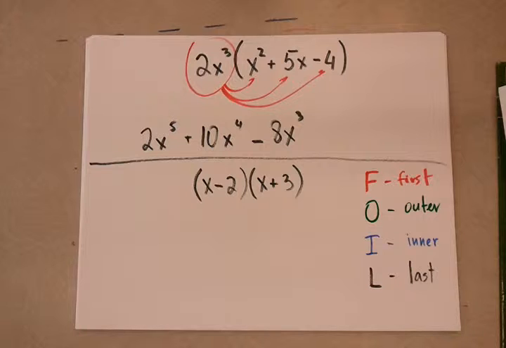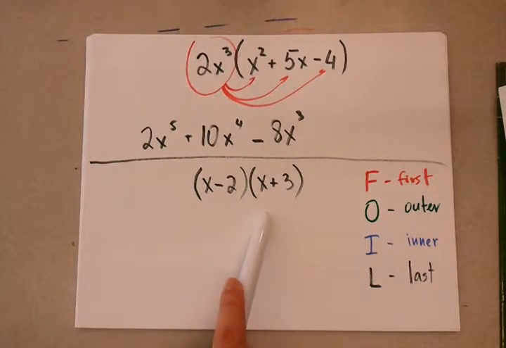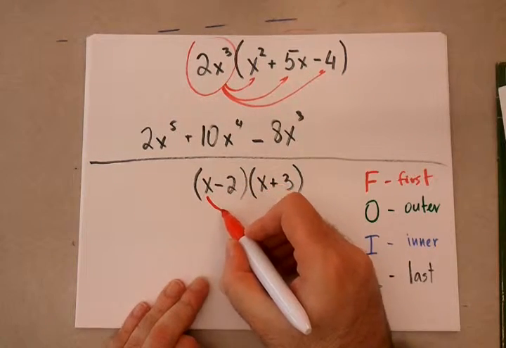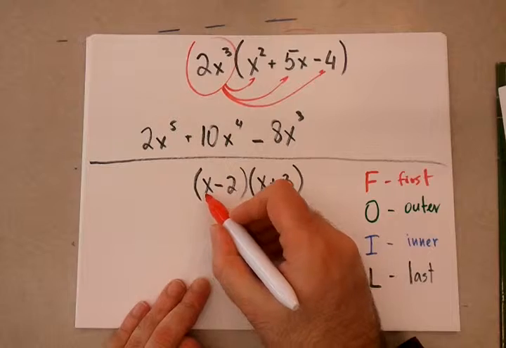This essentially tells you which order you should be multiplying your monomials. The F stands for first, and that tells you to first multiply the first monomials of each polynomial. That's the first monomial of this polynomial, and that's the first monomial of this polynomial. So you want to multiply these two together.